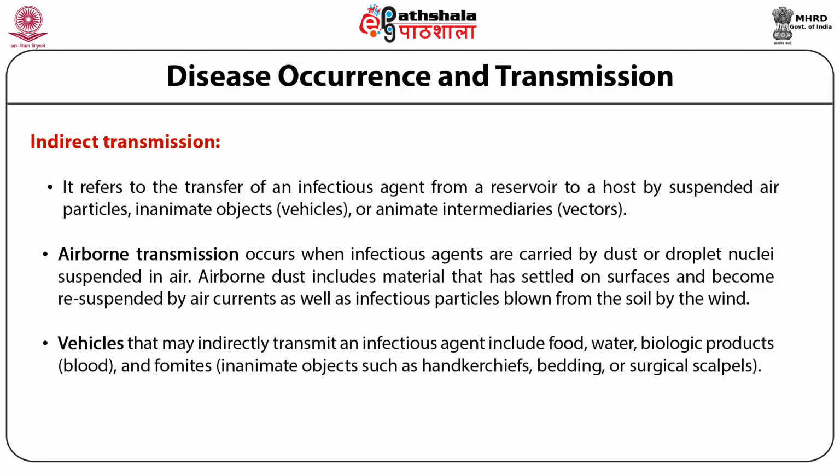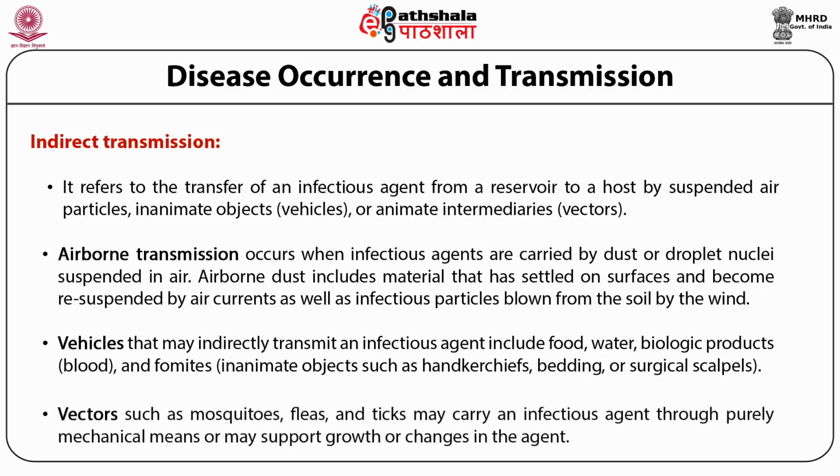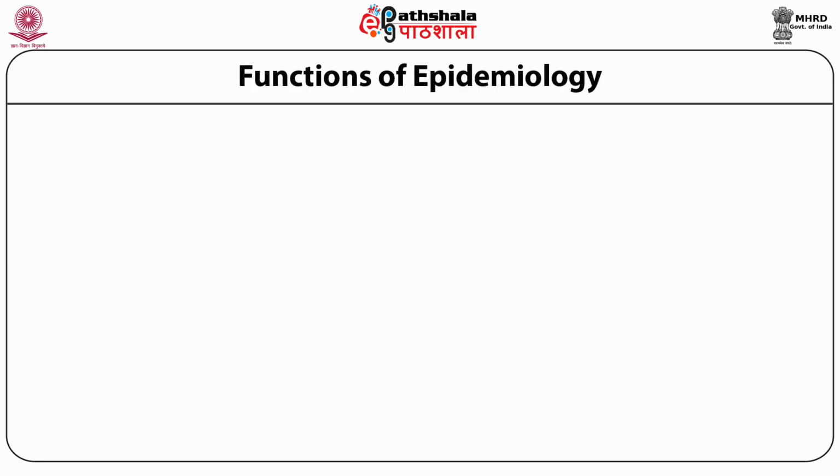Vehicles that may indirectly transmit an infectious agent include food, water, biologic products like blood, and fomites like inanimate objects such as handkerchiefs, bedding, or surgical scalpels. Vectors such as mosquitoes, fleas, or ticks may carry an infectious agent through purely mechanical means or may support growth or changes in the agent.